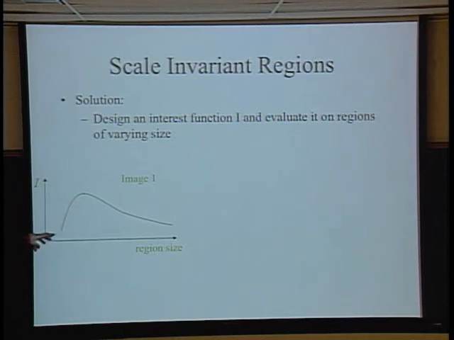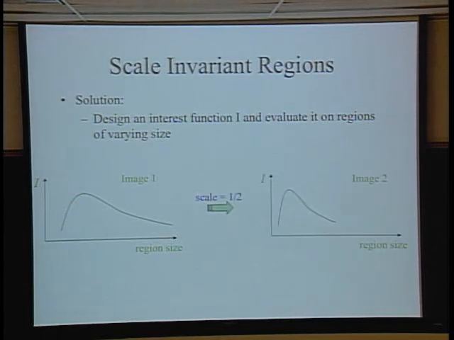As we evaluate this function over different region sizes, from tiny to medium-sized to huge, it's going to plot out some set of values. Imagine in our hypothetical case that we evaluate it on the very large corner on the left of the previous slide, and then on the much smaller corner on the right.